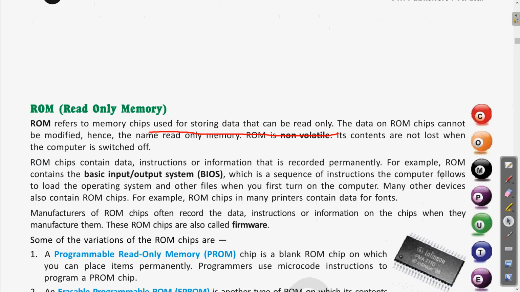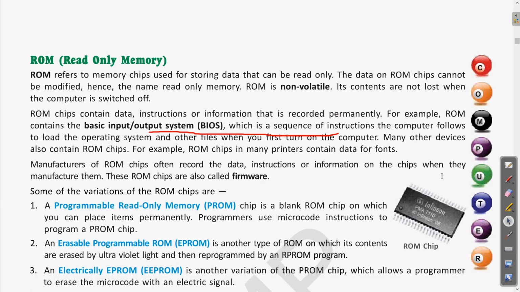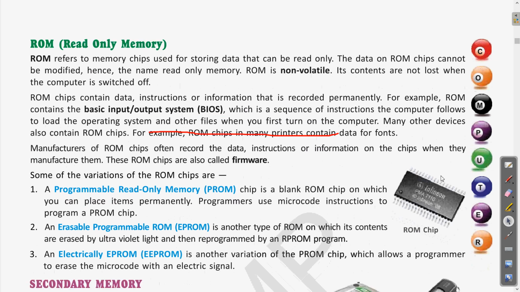Okay, then we have seen the ROM. In the primary memory, we were having the two types, that is RAM and ROM. RAM we have just seen. ROM is the read-only memory, and the nature of the ROM is non-volatile. Non-volatile means the content will not be lost when the computer is switched off. Clear?